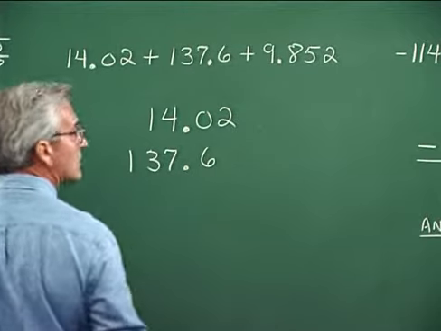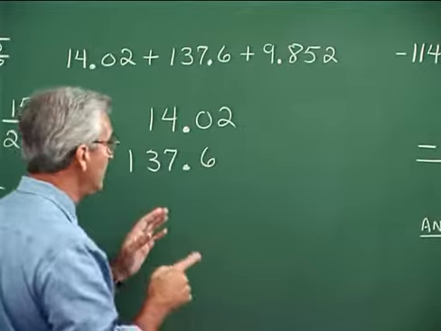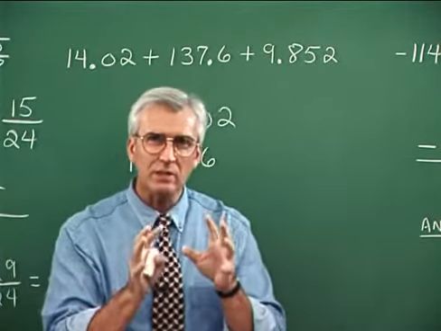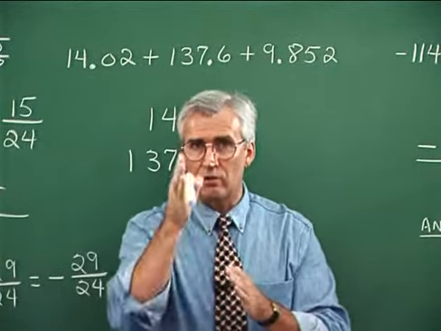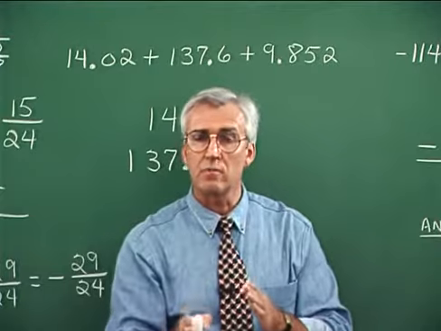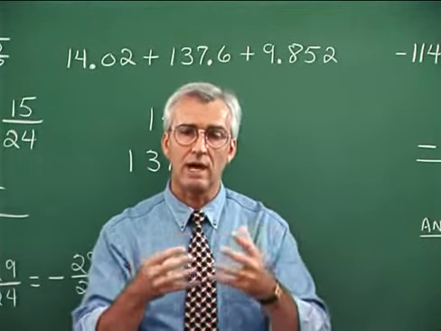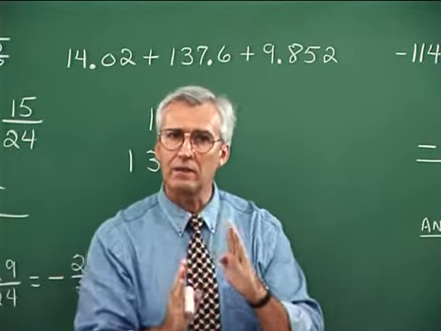So I want 137.6 like this. I also want to call your attention to the idea and emphasize that when you work problems like this, especially with decimals, you want the digits of the same value to line up vertically, and to be able to see them more clearly, you want to write a little bit larger. Just write a little bit bigger and concentrate on lining the digits.